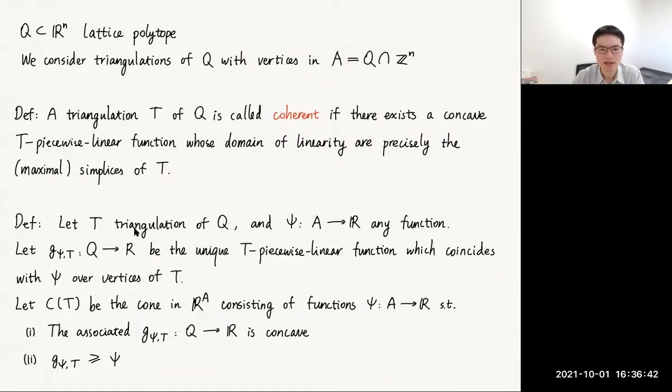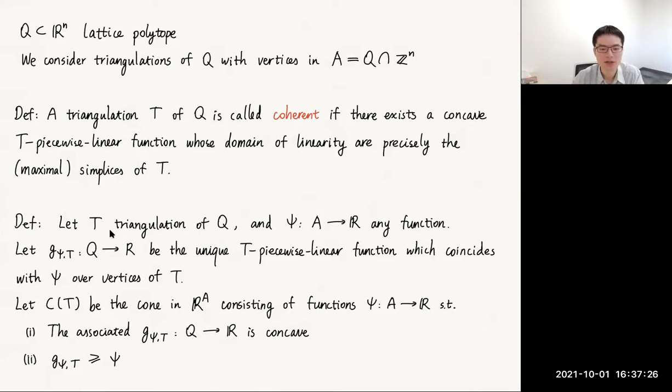When we have a triangulation T of Q and psi from A to R, any function, where A is the set of lattice points in Q, then any such function determines a unique T-piecewise linear function which coincides with psi over the vertices of T. It's obvious because to get such a function, we only need to specify the values at the vertices of the triangulation, so it determines such a function uniquely.